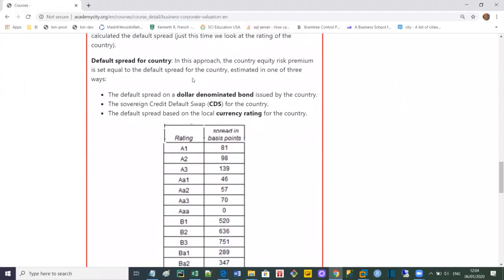One way is, let's say I'm doing business in Argentina. What is the country risk in Argentina? I can look at bonds that Argentina is issuing in dollars, meaning the government of Argentina is issuing bonds denominated in dollars. So I can look at the return that the Argentine government is paying.